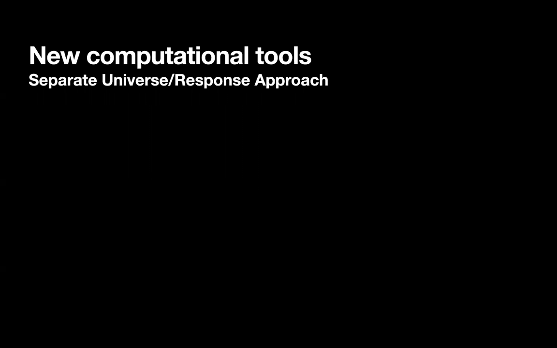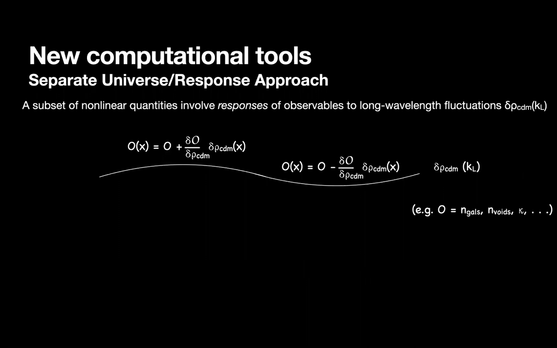And this is the so-called separate universe or response approach. So the idea here is that a subset of nonlinear quantities that we care about involve responses of these observables to long wavelength fluctuations. So here I have some observable O that varies at different points in space and time. And the spatial fluctuations in that observable can be set by spatial fluctuations in the matter field.